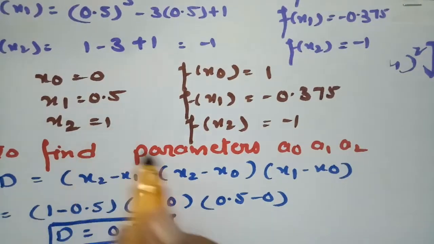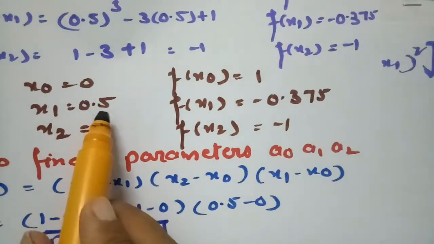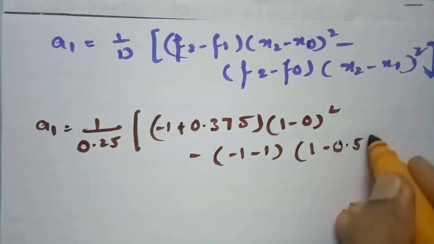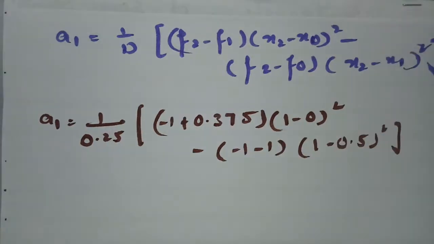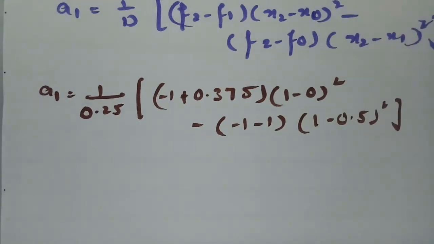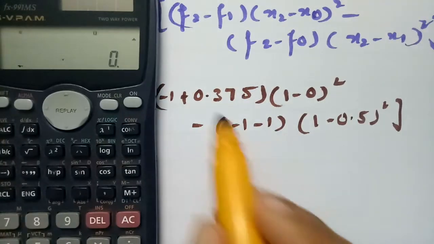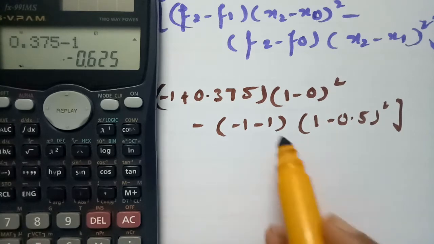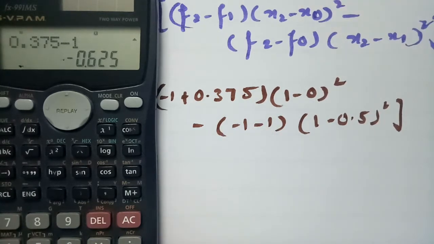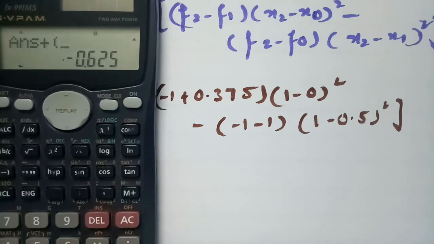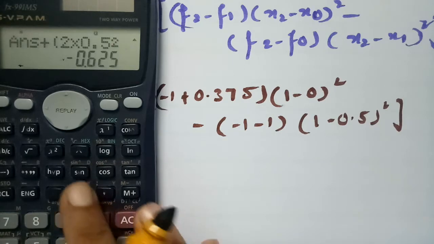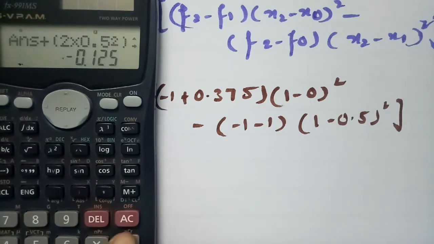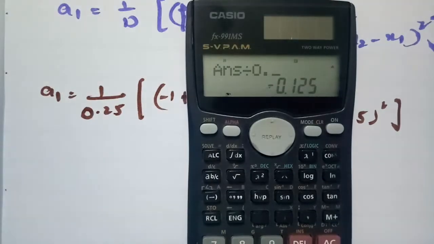What is our x2 minus x1? This is 1 minus 0.5 whole square. We can use the calculator here. This is 0.375 minus 1 into 1, minus of minus is plus, this is plus 2 into 0.5 square, divided by D, that is 0.25.